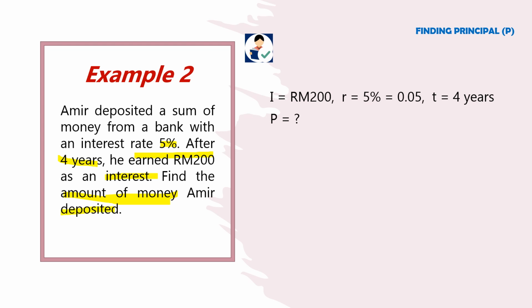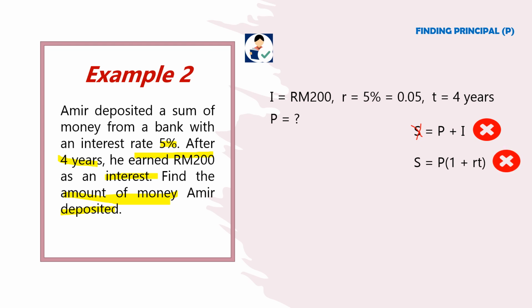So now we look at which formula that we can use to find P. First, S equal to P plus I. We cannot use this formula since there is no information about S. Same with the formula S equal to P times 1 plus RT.